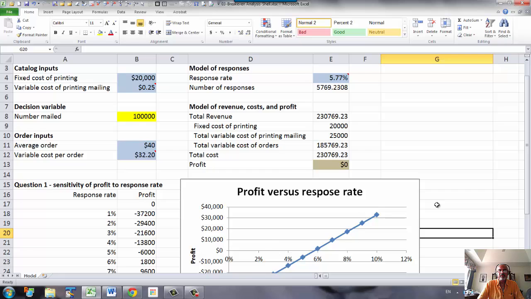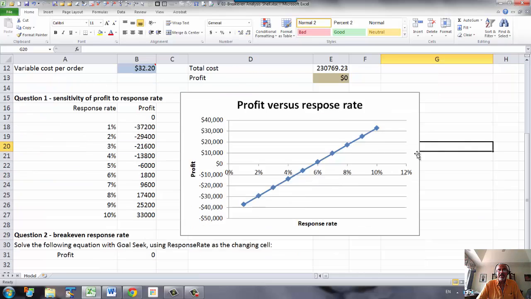In this example, we looked at only the independent variable, the response rate, which is not in our control. We can also do a what-if analysis with respect to the number of catalogs mailed for a given response rate, or you can do a two-dimensional table between the number of catalogs mailed and the response rate and have an even broader kind of what-if analysis.